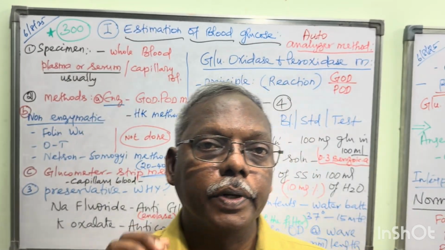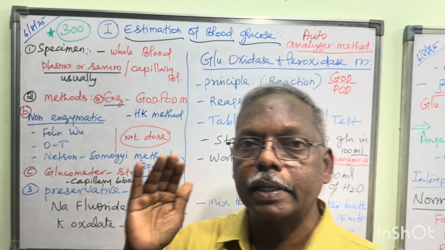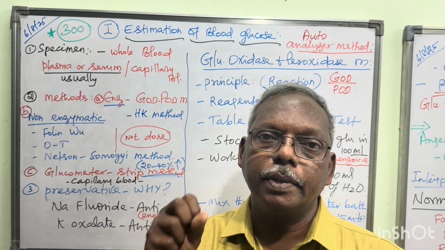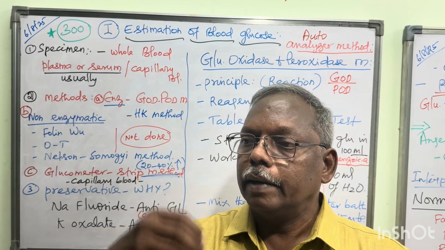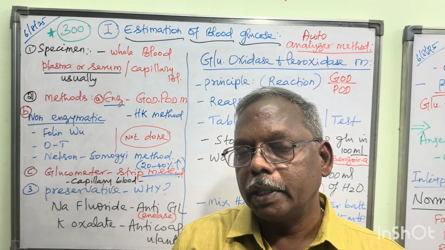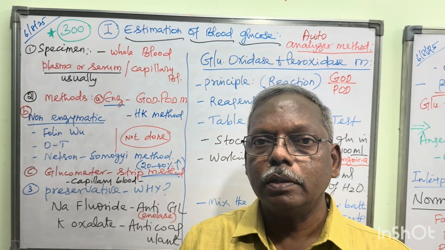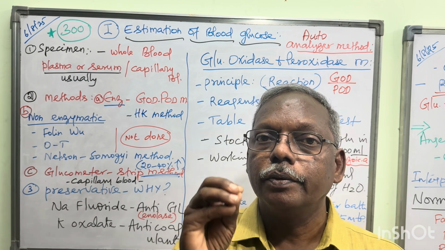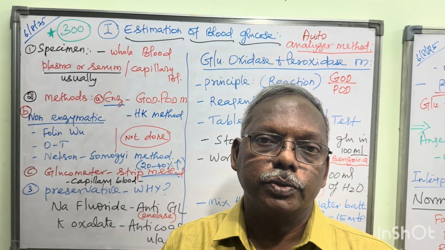The role of sodium fluoride is to prevent glycolysis, because if you collect the blood in a container and leave it for some time in the lab, the whole pathway of glycolysis will go on and finally the glucose level will be low. This is known as a false glucose value.